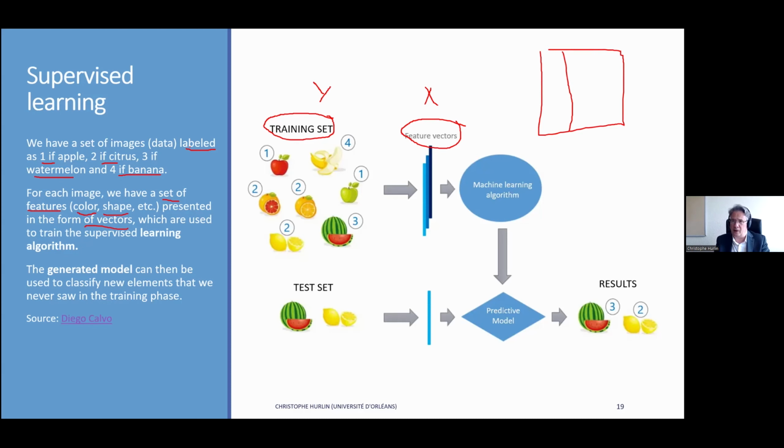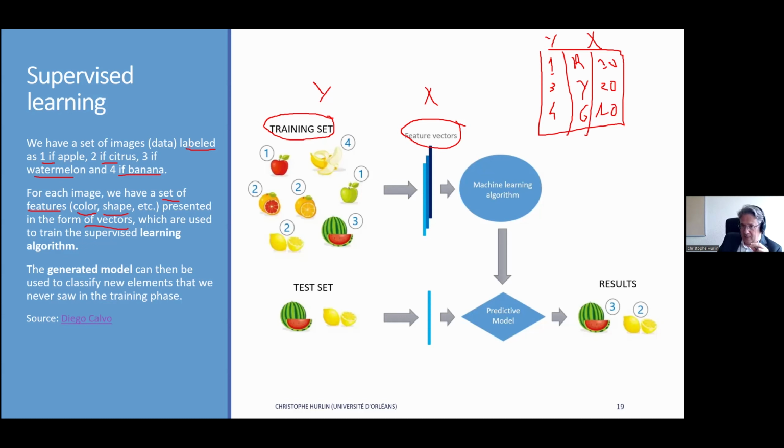We have Y, so for instance, 1 for the first instance, 3 for the second instance, 4, etc. And X, which is a color, for instance, red, yellow, green, and the shape, etc., the weight, for instance, 10, 12, 10, etc.